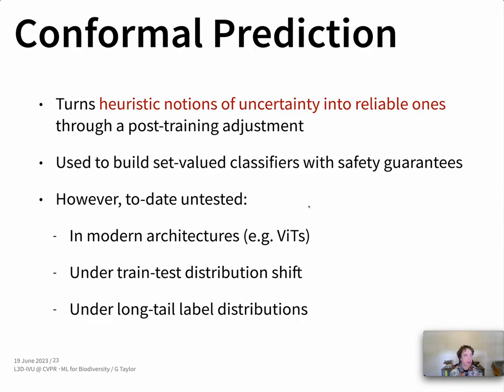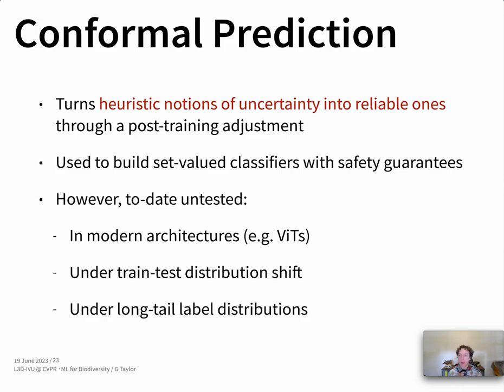So with Kevin, we've also been exploring this alternative notion of building set value classifiers that comes from the frequentist statistics community. These are a set of methods called conformal prediction. And these methods turn heuristic notions of uncertainty, like the maximum value out of the softmax output, into reliable ones through post-training adjustments. And they can be used to build set value classifiers that have these safety guarantees around risk.